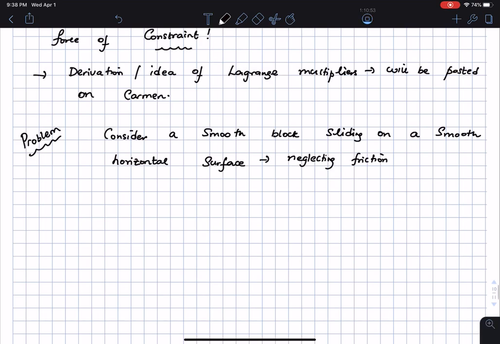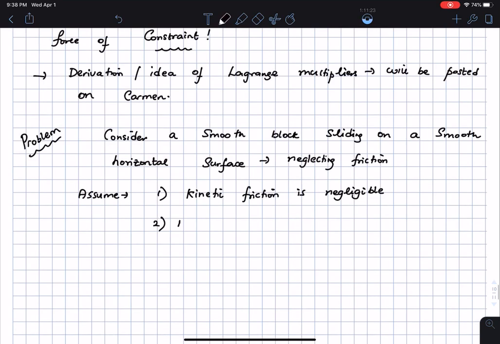So what are our assumptions? Friction is negligible. And the second thing is we say that this block is translating horizontally due to initial conditions only.